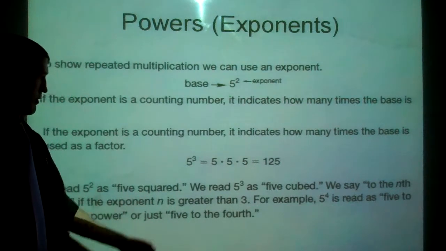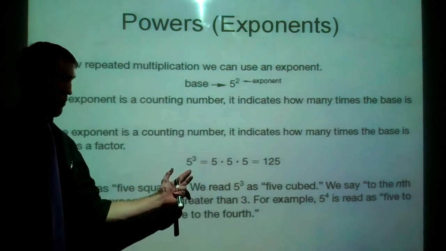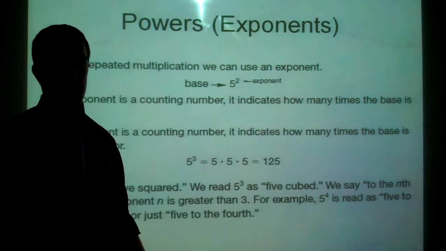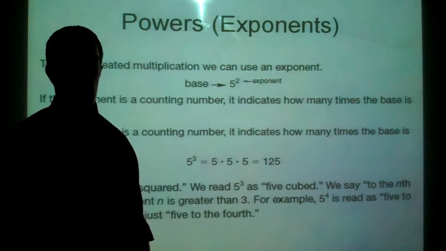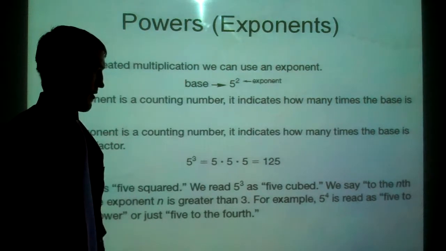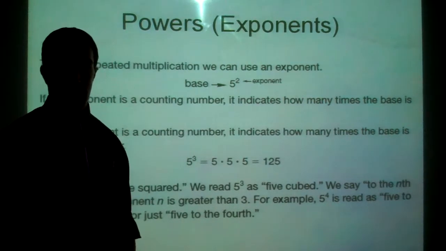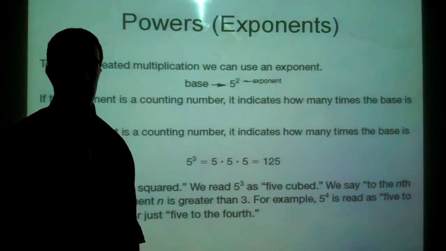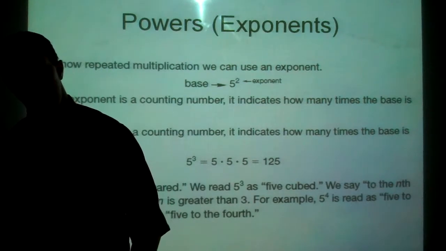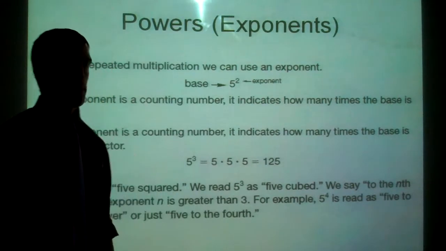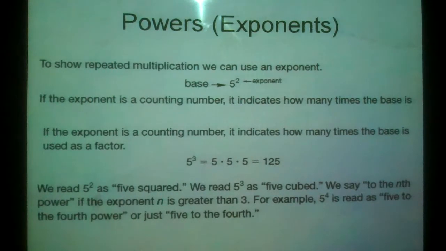And to save on time, I might say 5 squared or 5 cubed instead of 5 to the third or 5 to the second. But that's all stuff that we can use. And remember, anything 4 or above would be 5 to the fourth, 5 to the fifth, 2 to the sixth, that type of thing. Alright, so that's just terminology there.